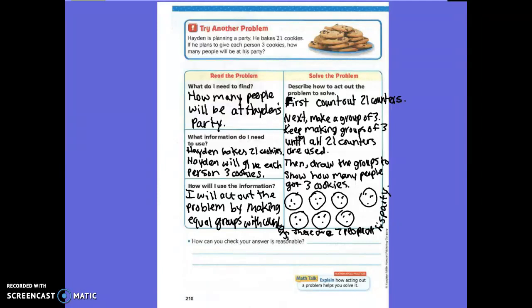Okay, how can we check our answers as reasonable? We can skip count by 3s till we get to 21 and see how many numbers we counted.